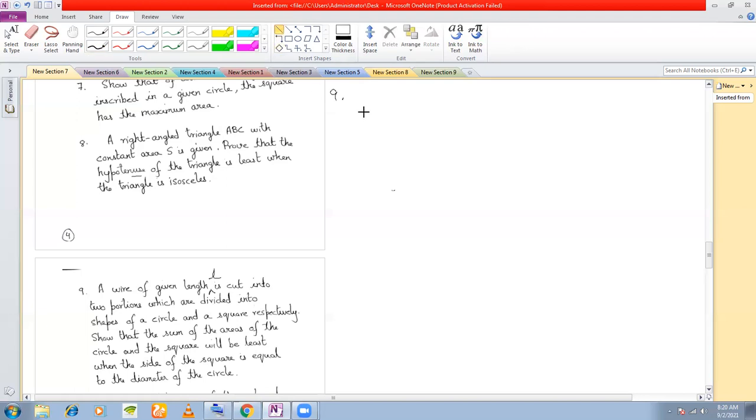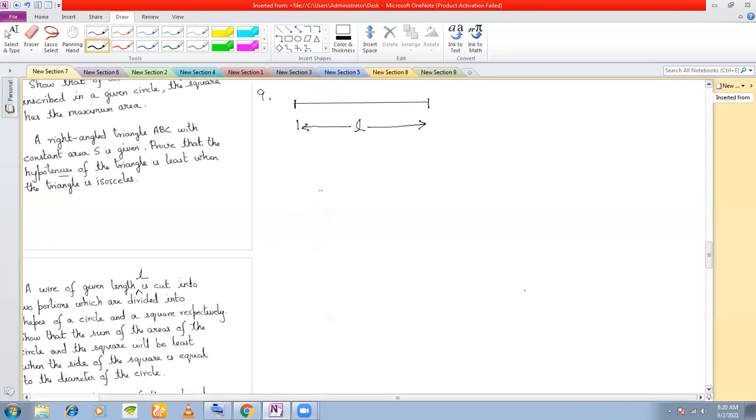Let's say this is your wire of length L. And this wire is made into a circle first, and also a square is also made from this wire.